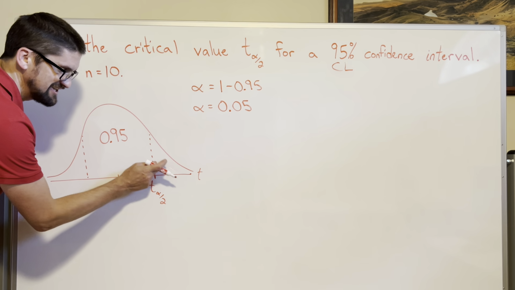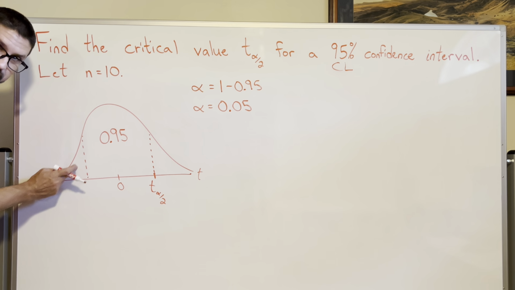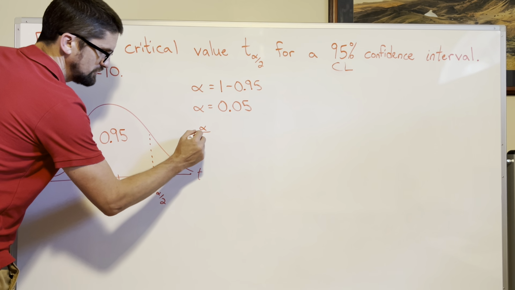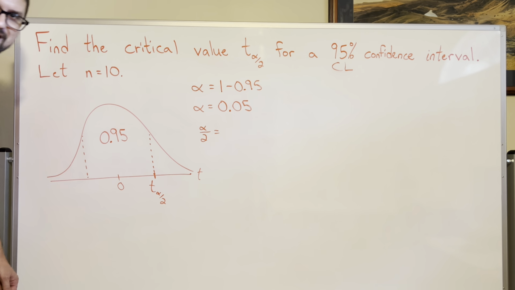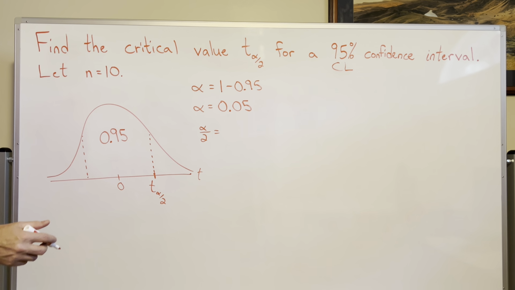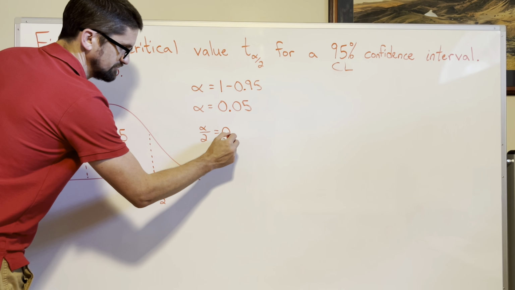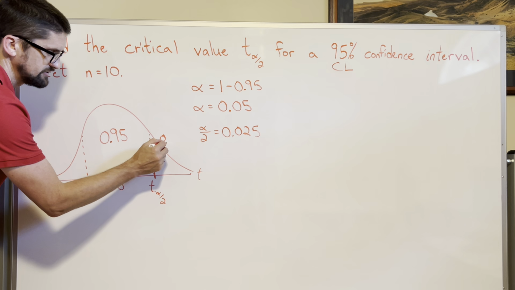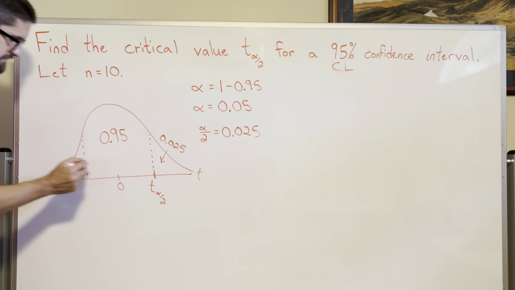Remember, this area is alpha over 2, and this area is alpha over 2, so the two areas together is alpha. To find alpha over 2, you just take half of 0.05 and you get 0.025. So each of these areas is going to be 0.025.